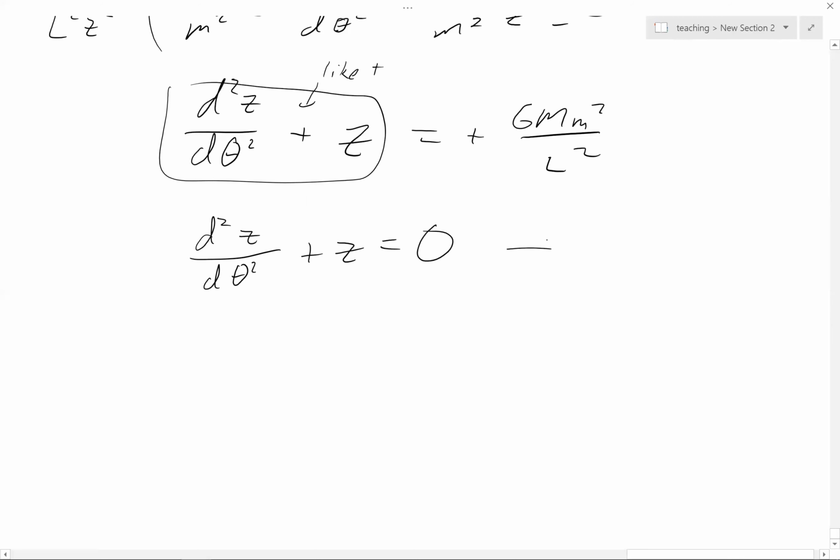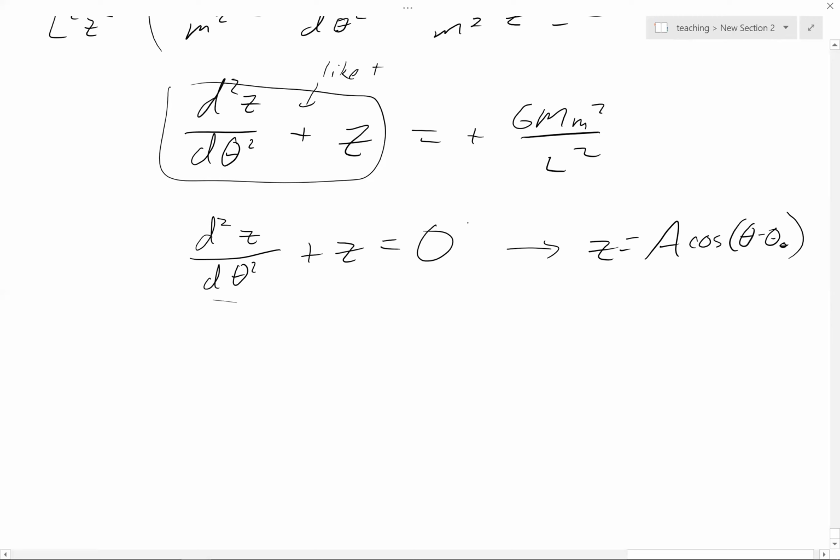And this equation is really easy. It's just z is some a cosine theta minus theta naught. Because if I take two derivatives of the cosine, then I get cosine with a minus, and so minus cosine and cosine add up to 0.